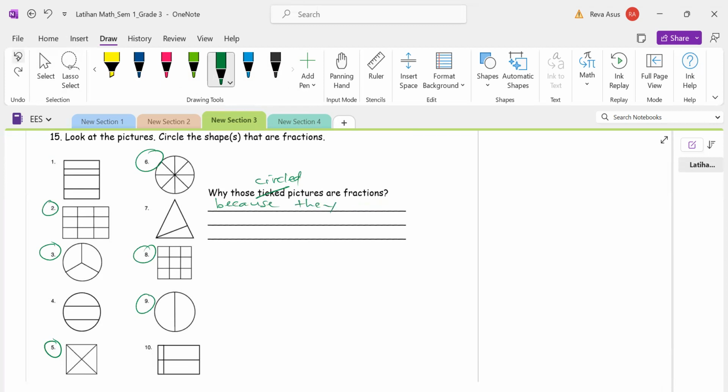Because they are divided into equal parts.